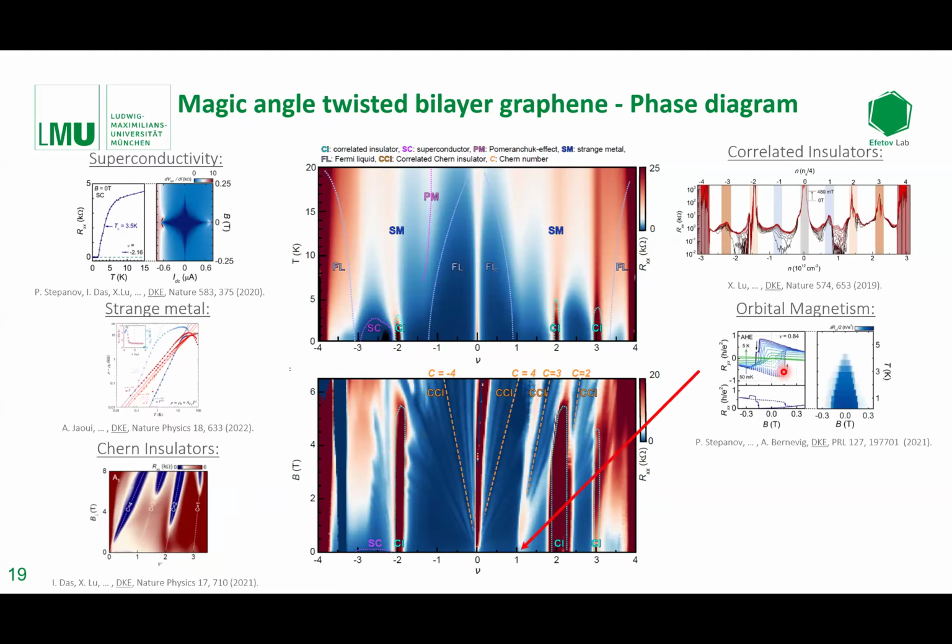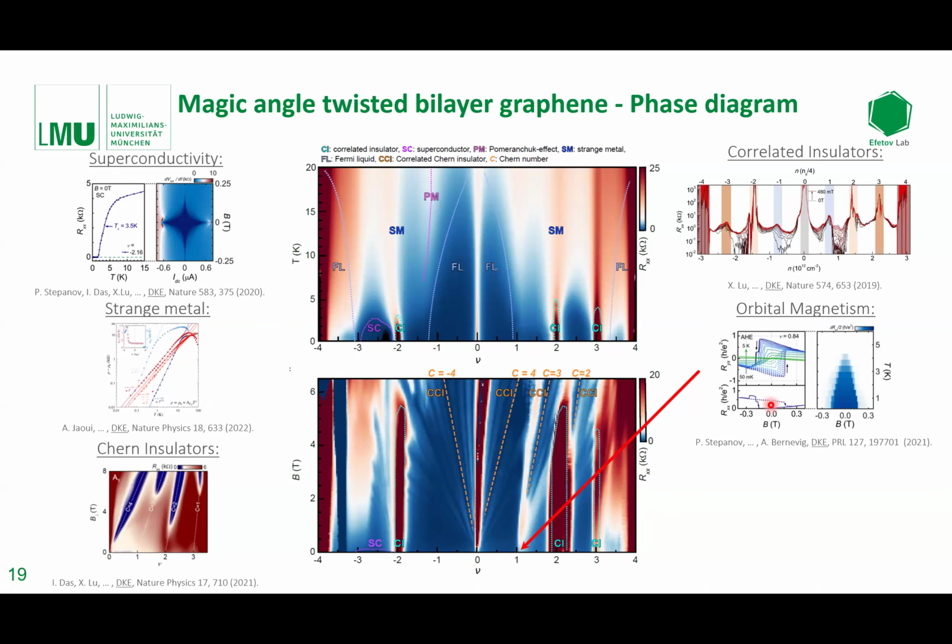Okay, and another clear evidence of these Chern insulators, many groups have seen also at zero magnetic field. In particular, in our group, we've seen it several times at filling factor 1 or filling factor 3, where you can see these Chern insulators persisting down to zero magnetic field, where you can see these hysteretic RXY signatures and RXX signatures.